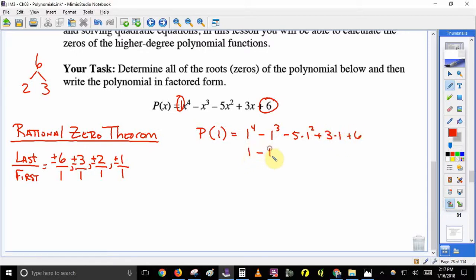So 1 minus 1 minus 5 plus 3 plus 6 gives us negative 5 plus 9, which would be 4. So that has a remainder, so 1 is not a root. Let's try negative 1.